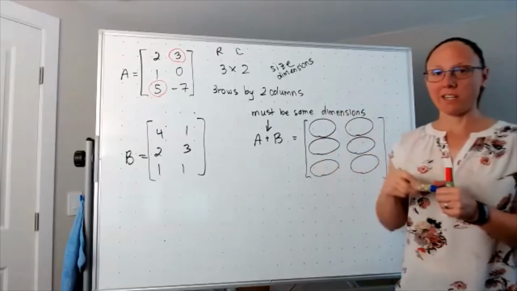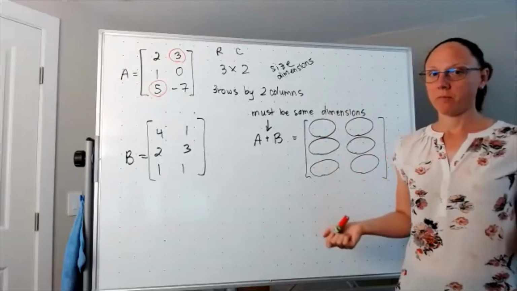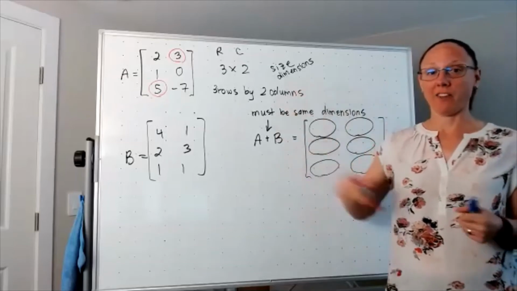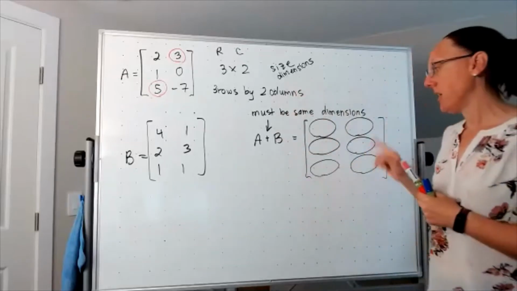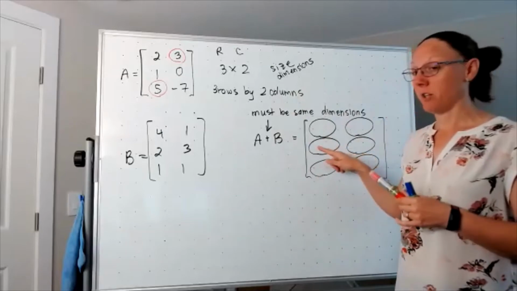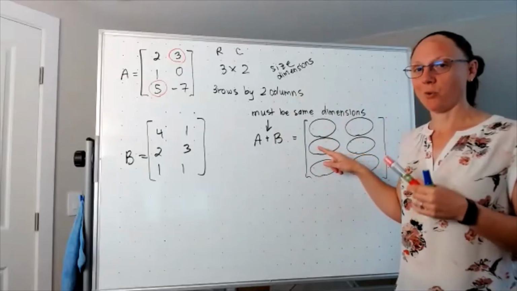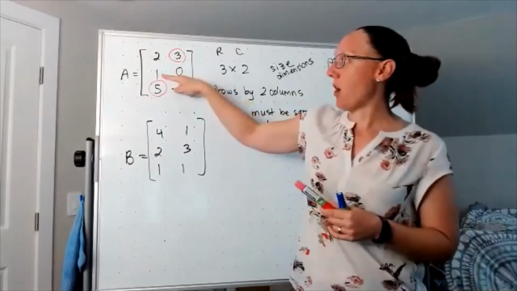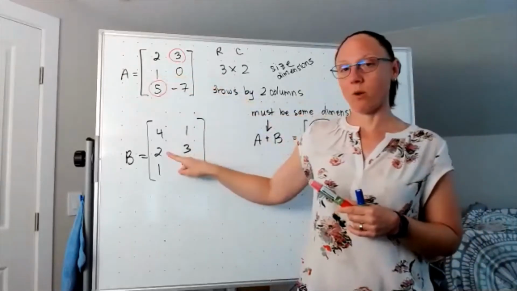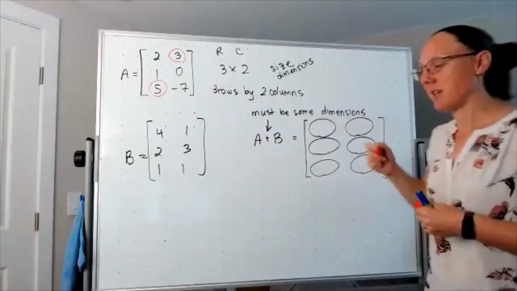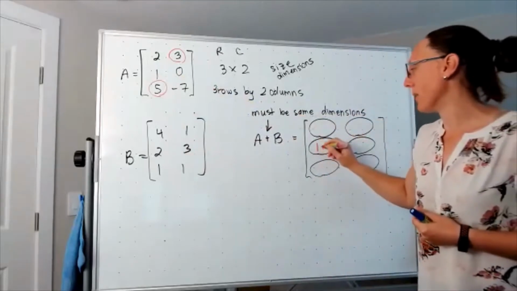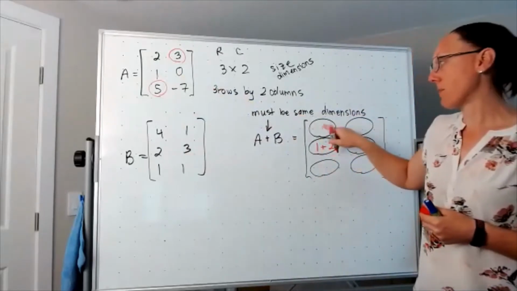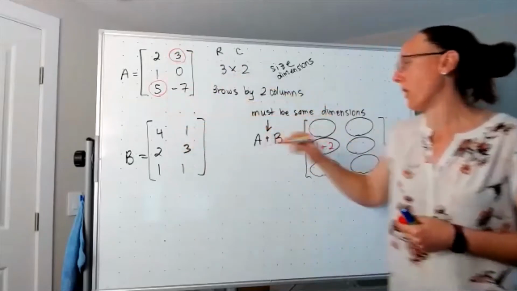To get what goes in each spot, I look at what's in that spot in the original 2 matrices. So to get what goes in row 2, column 1, I look at what's in row 2, column 1 here, plus what's in row 2, column 1 here. So this would be 1 plus 2. This top spot, I'd be adding the 2 and the 4.